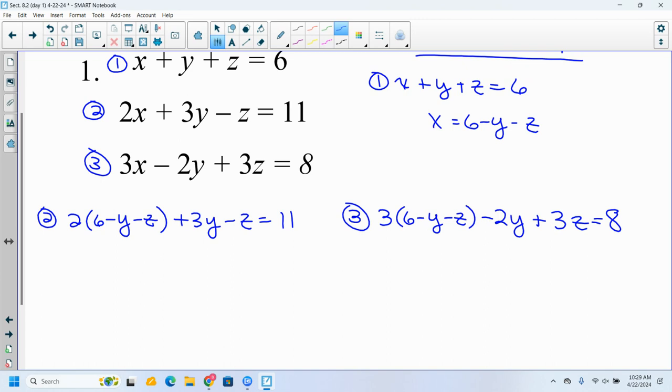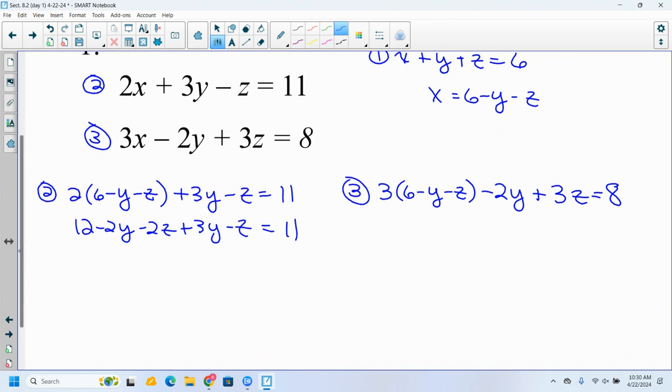So distribute 2, I get 12 minus 2y minus 2z plus 3y minus z equals 11.